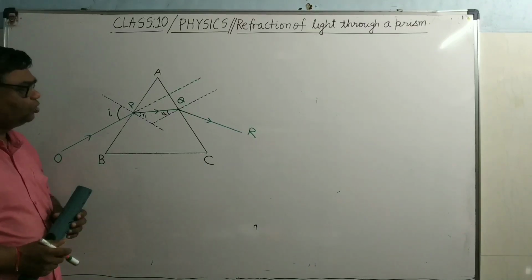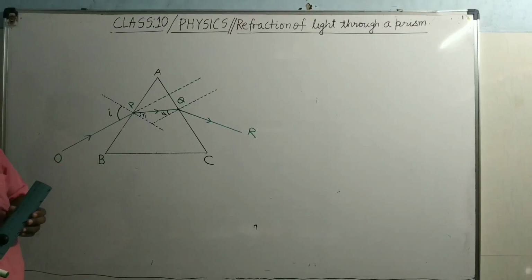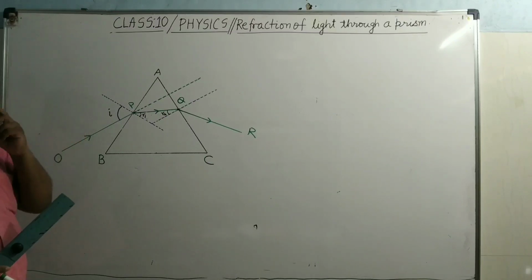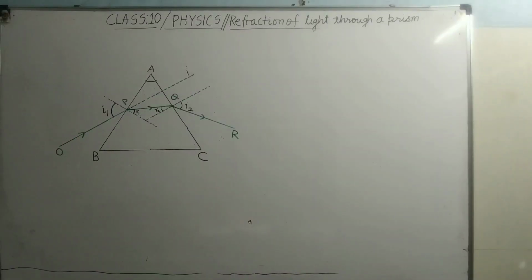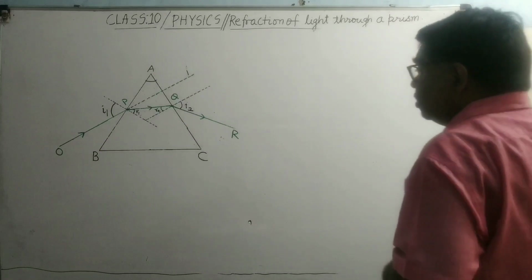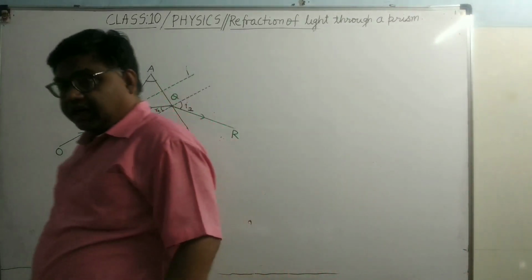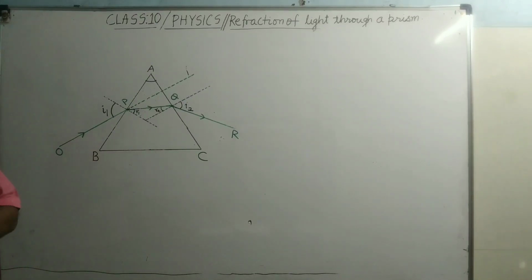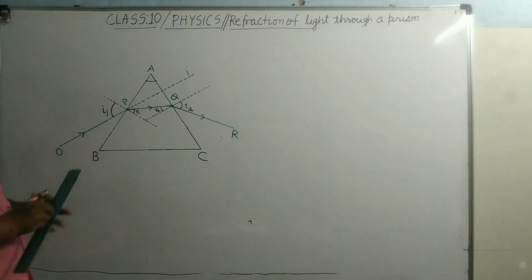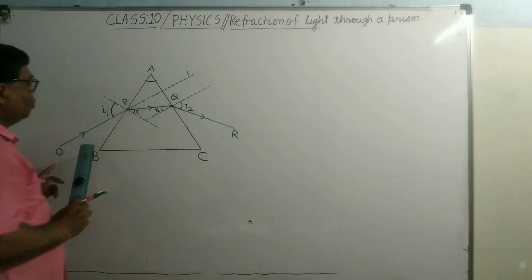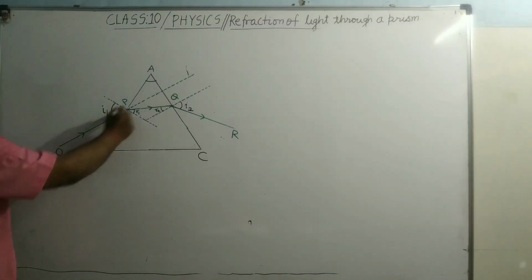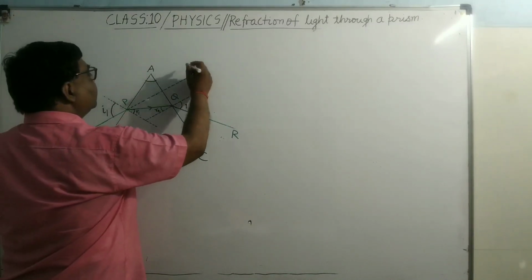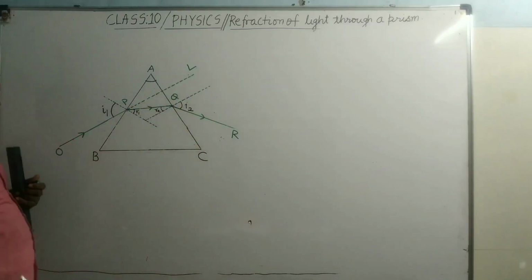Now you can see here, how much is it deviated from the original direction? It had deviated from the original direction by this angle. As you know, this one is the original direction.